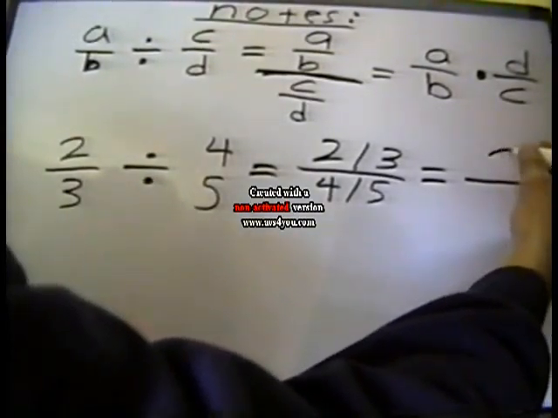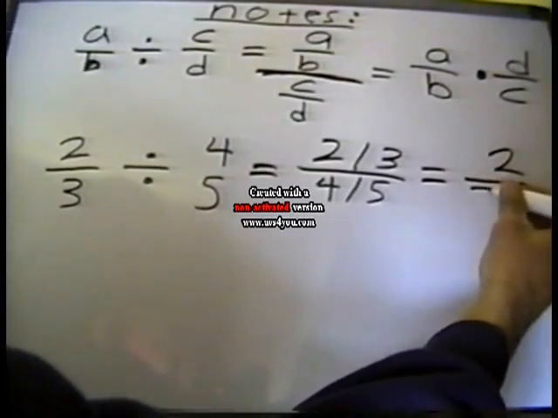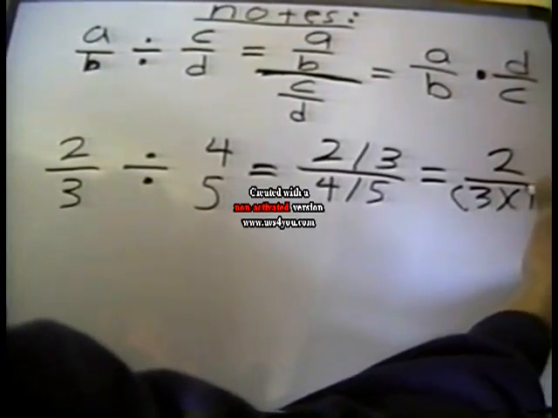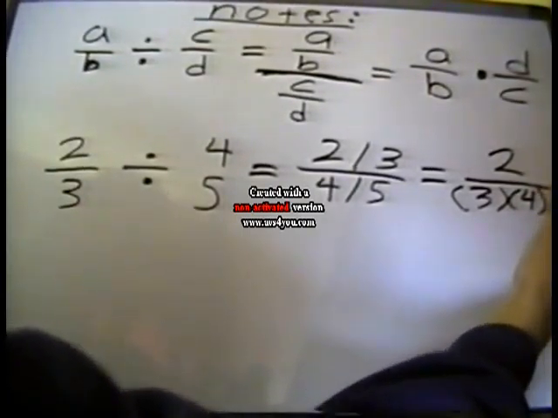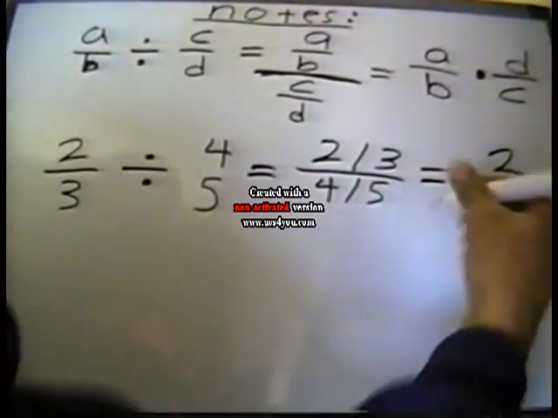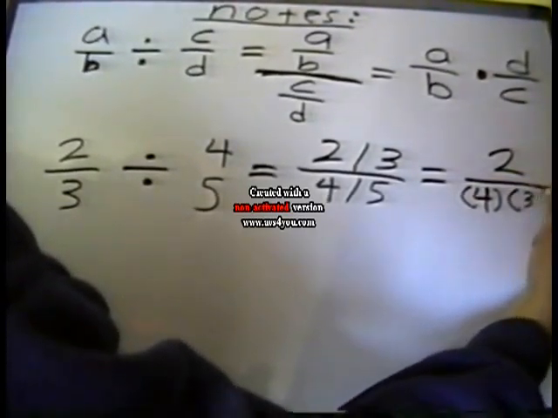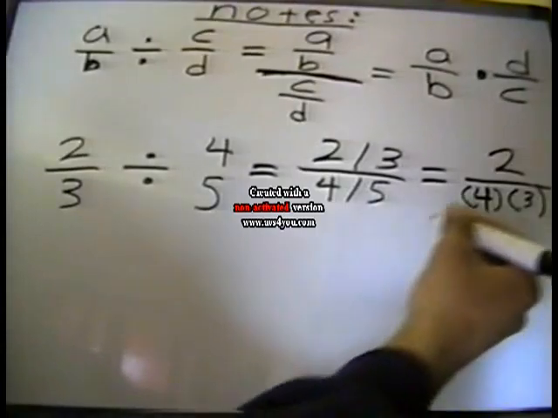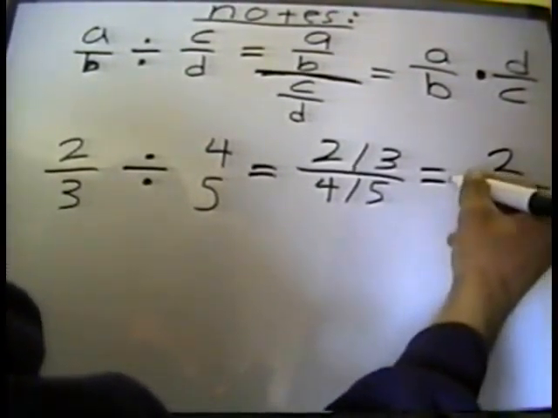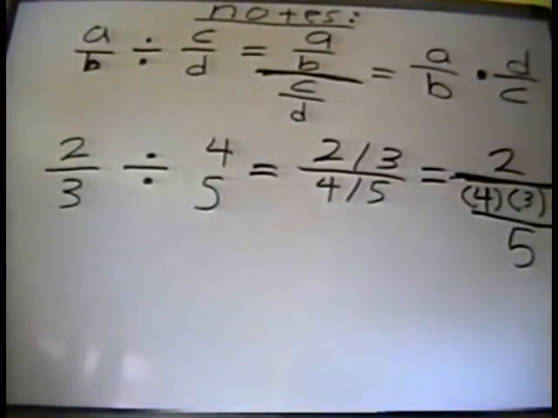Then that becomes 2 over 3 by 4, or 4 by 3, and that's over 5.